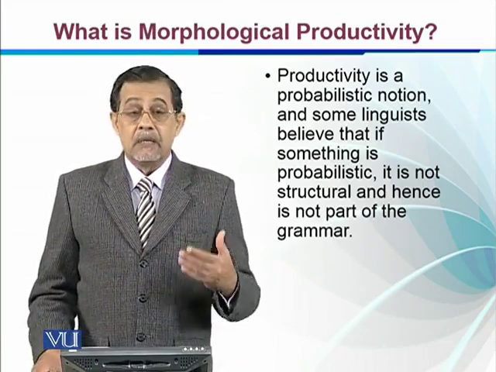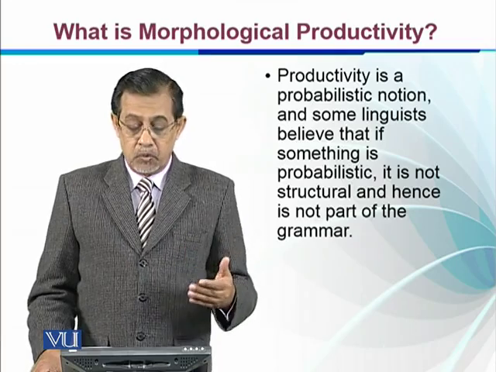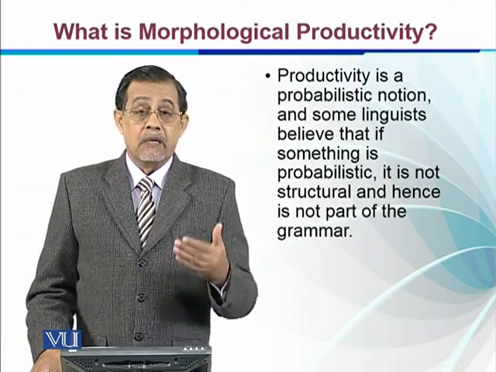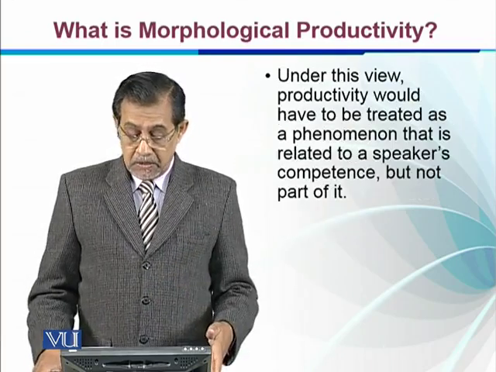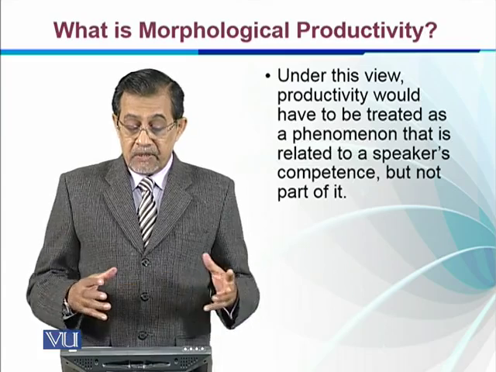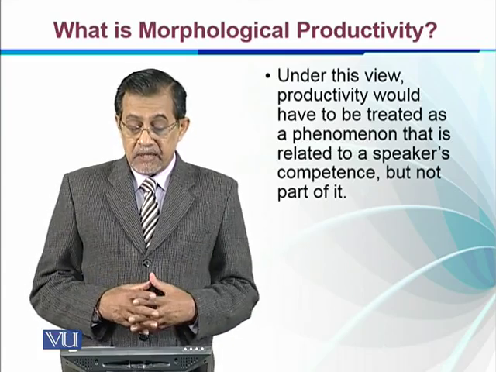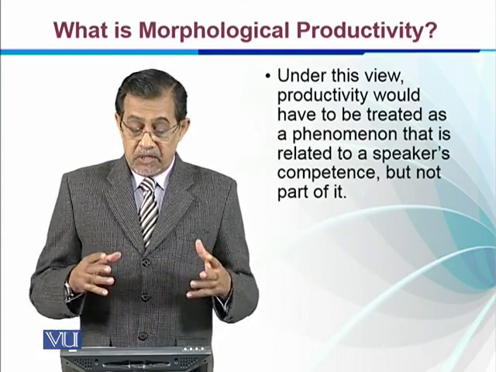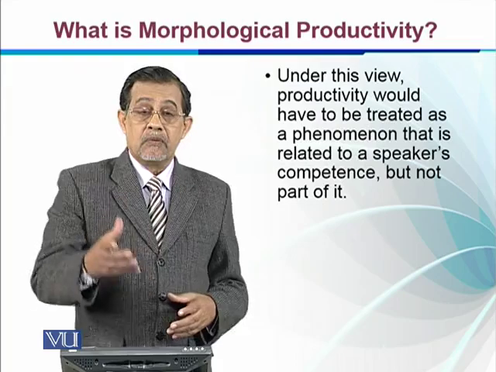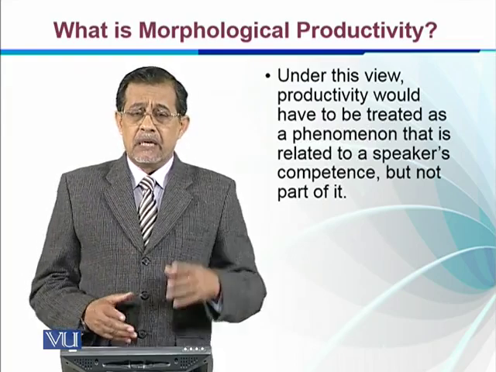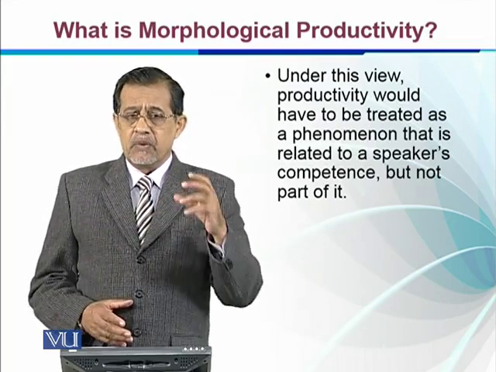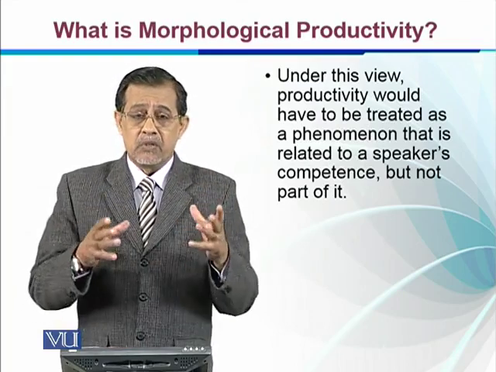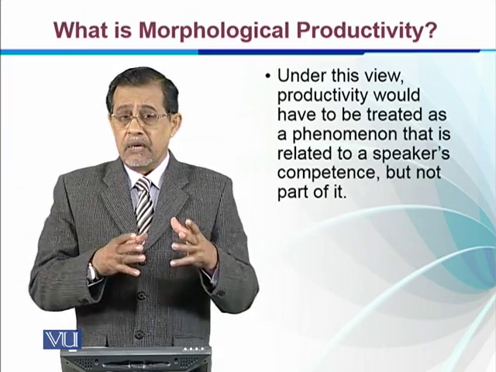So if something is used on the rule, it is productive and it is not probabilistic in this case. Under this view, productivity would have to be treated as a phenomenon that is related to a speaker's competence, but not part of it. So we can say that productivity is a speaker's competence, not the competence of the language as a whole.